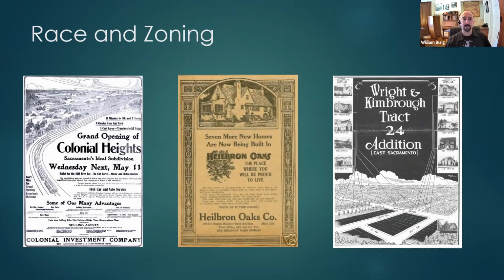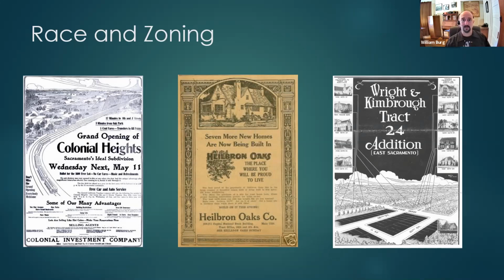And so racial exclusion covenants became very common in every suburb, almost every suburb. They prohibited sales to people of color. Very often they would prohibit sales in the earliest days to Catholics. You had to be Protestant, so you couldn't be Jewish or Catholic or Orthodox and buy into these subdivisions.